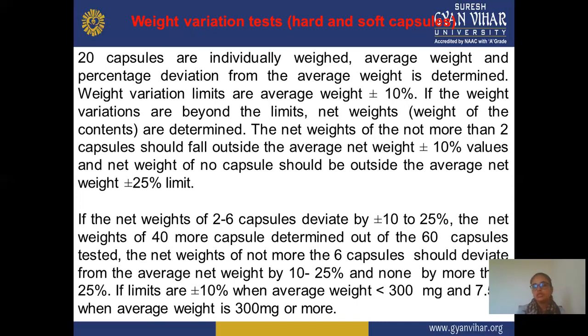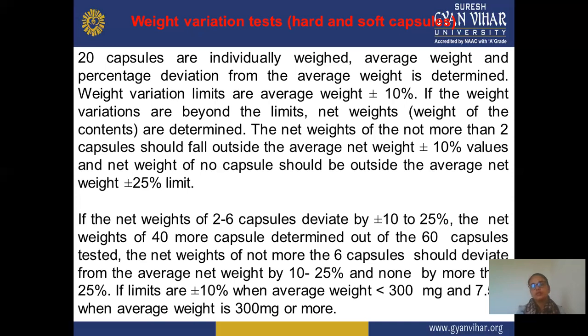Then the net weight of each and every capsule is determined, and the net weight of not more than 2 capsules should fall outside the average net weight by 10%, and the net weight of no capsule should be outside the average net weight by the 25% limit. If your test is beyond the limit, then you individually weigh each and every capsule, and we consider at most 2 capsules beyond the 10% limit, then you can accept your test.